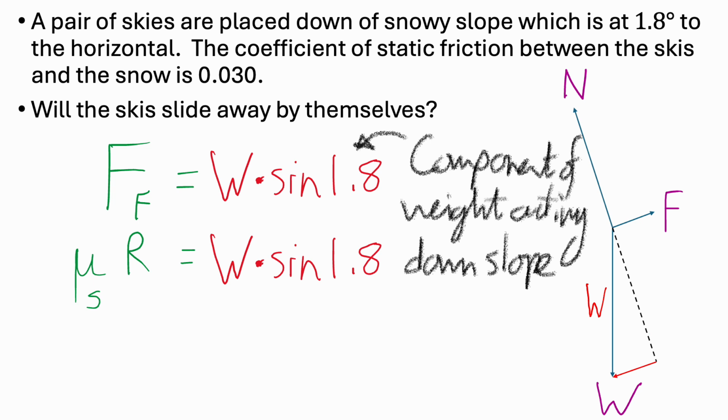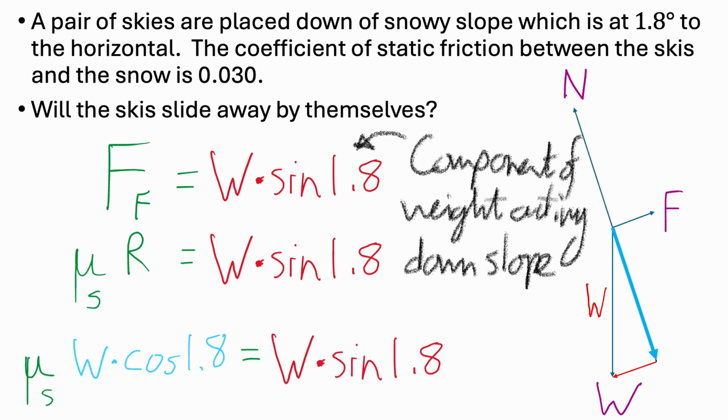And the reaction force is equal to that blue component of the weight there. So working that through gives us mu s W multiplied by cos 1.8, which is equal to the weight multiplied by sine 1.8.